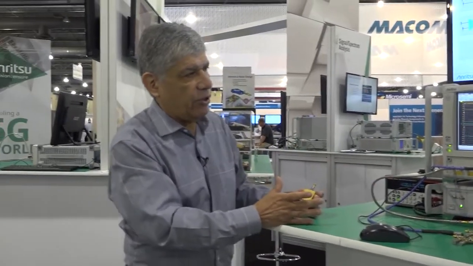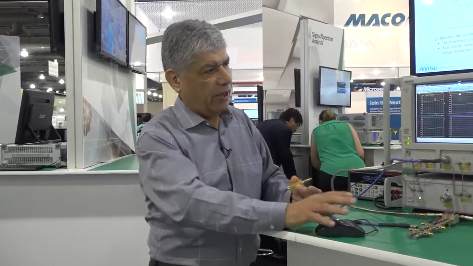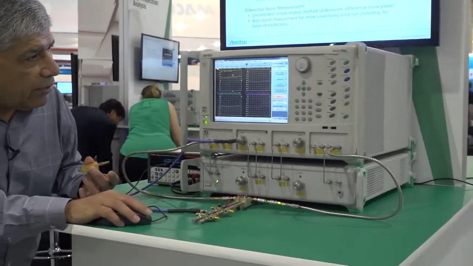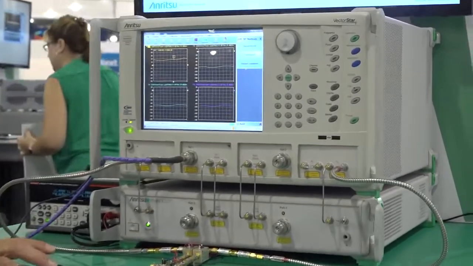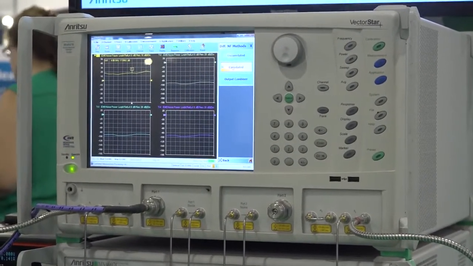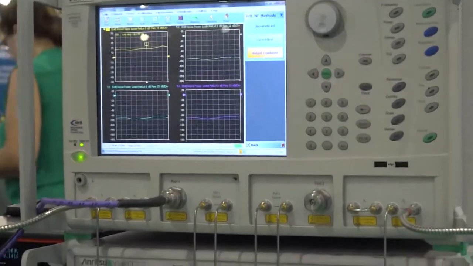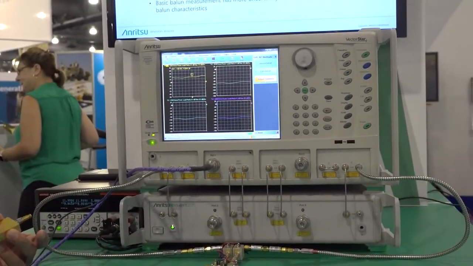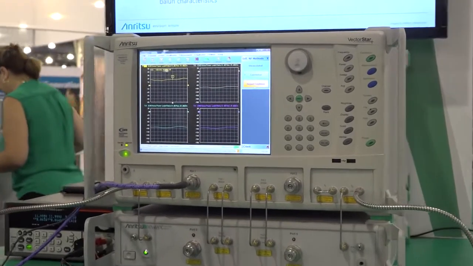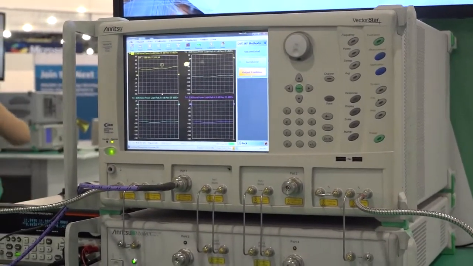So what we have introduced in Vectorstar is a new algorithm that measures and analyzes the correlated noise in the measurement system and then extracts that out in order to give you a corrected differential noise power. We have, again, provided three different methods, and the correlated approach and the output combiner both give you that corrected version of measuring, identifying, and extracting out correlated noise.